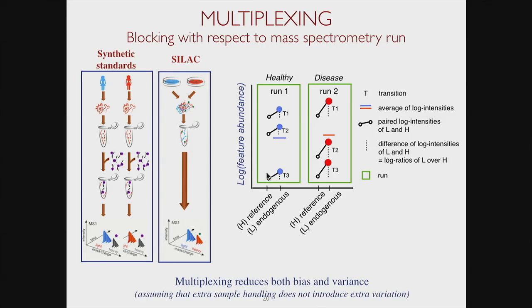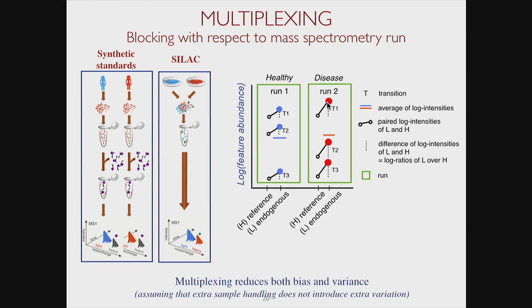But again, just like we did with the day effect, what we can do is to look at the deviations of each of the endogenous peaks from the corresponding reference. So this is for healthy, and this is for disease. And again, this is on the log scale, right? So the difference of log intensities is the log ratio between the endogenous peak and the reference peak. And what we see here is that the deviations from the references for the disease are systematically larger than the deviations from the reference of the healthy.